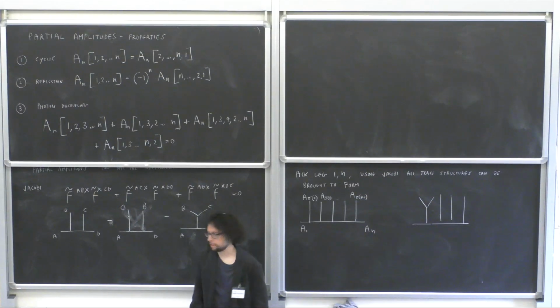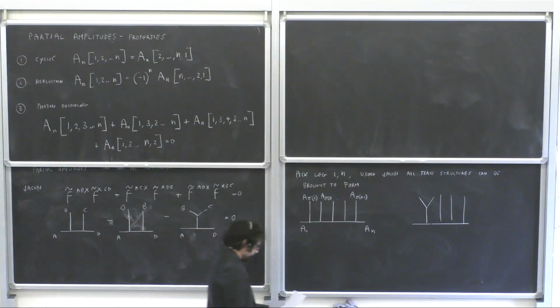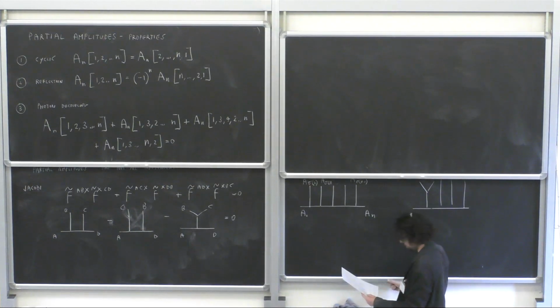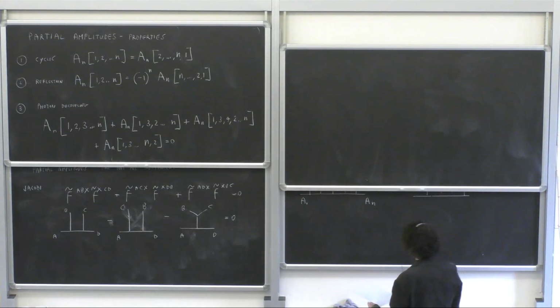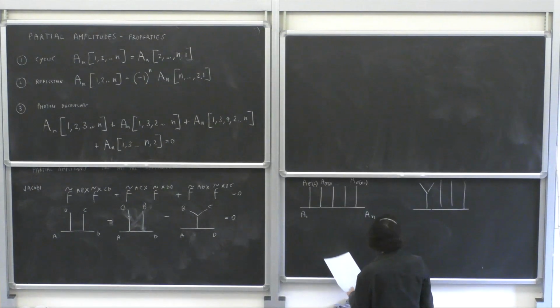And then it cannot be reduced. These two cannot be simplified. And it turns out that I have used all Jacobi relations after that. So there is a particular basis here.